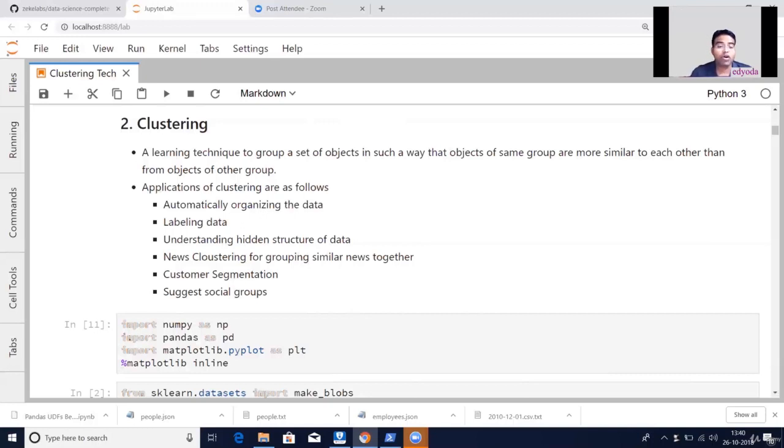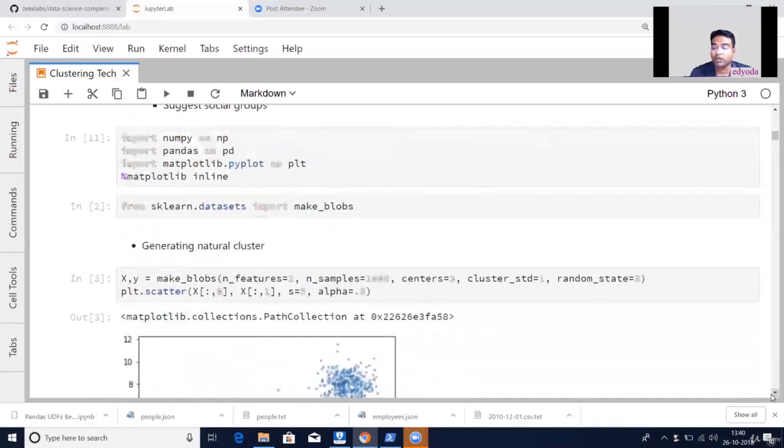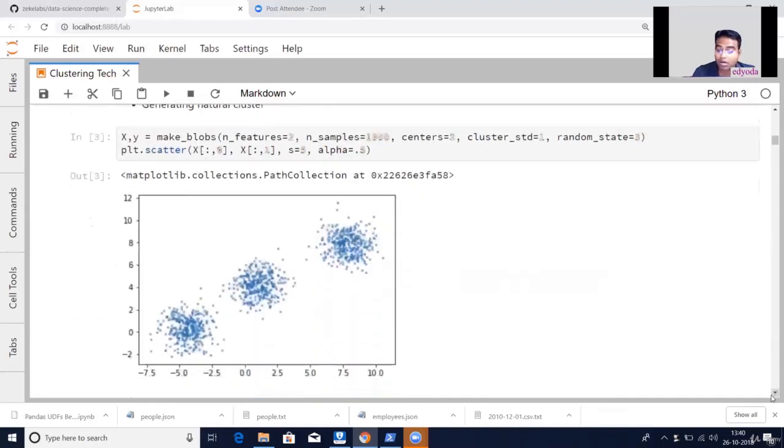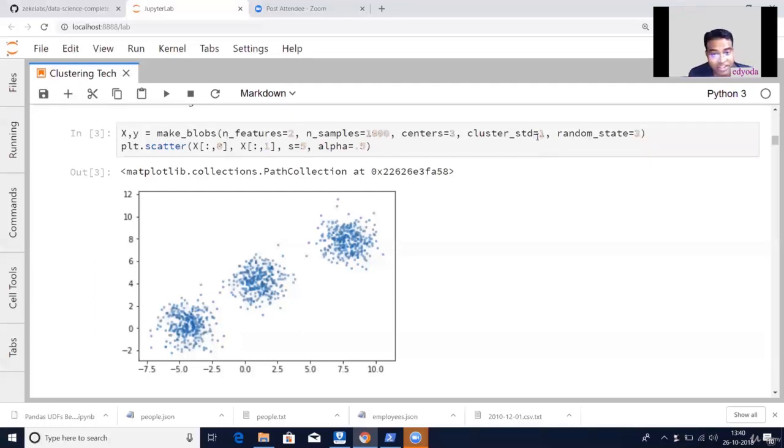Let me try to plot some data from Matplotlib, and we are using, as you can see, make_blobs here. We are using number of features 2, number of samples 1000, number of centers 3, and cluster standard deviation 1. Random state is 3, so that every time you're able to reproduce the same distribution.